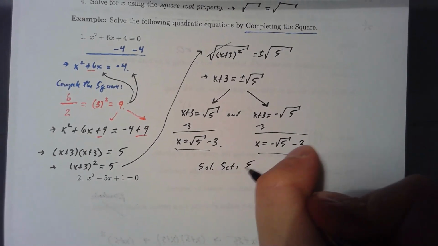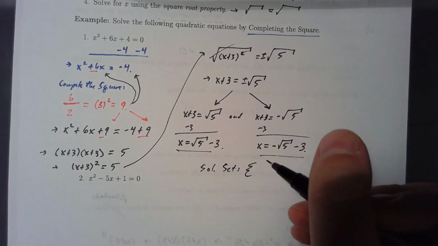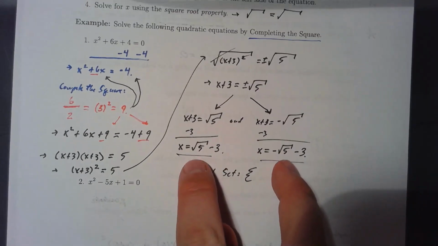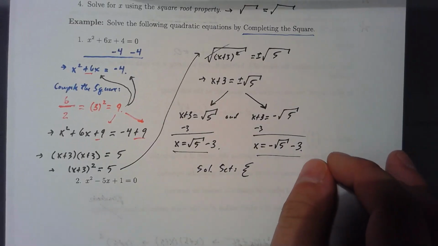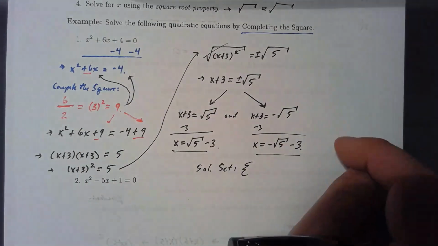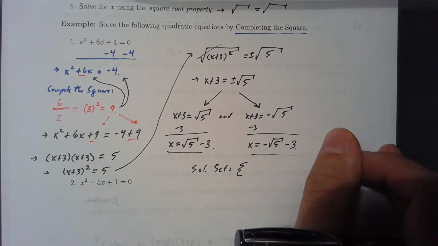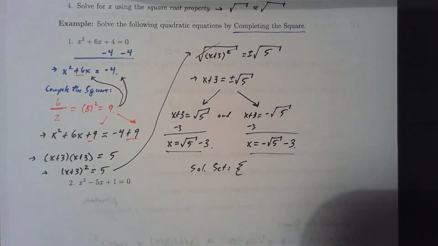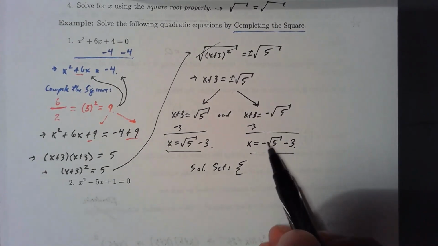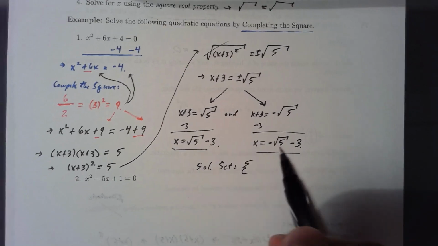Now again, you could check this in your calculator, but I'm just going to write the solution set. I already know that these are solutions because the domain of a quadratic is defined for all real numbers. The range may not be all real numbers, but the domain is going to be all real numbers.